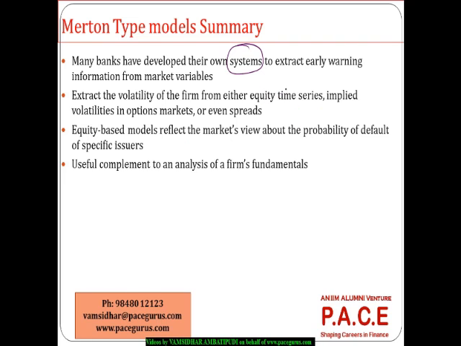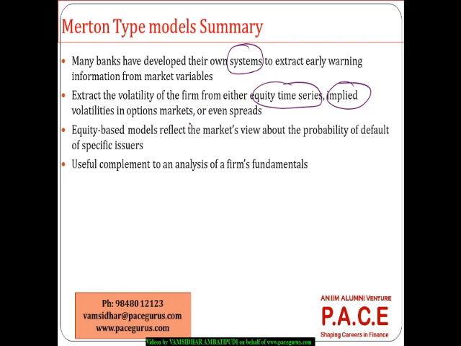Some of them have developed models based on the equity of the firm. Some of them have come out with implied volatilities from the option markets. So they have different ways of estimating the volatility of the firm, and they have made small tweaks to the original model to suit their requirements.